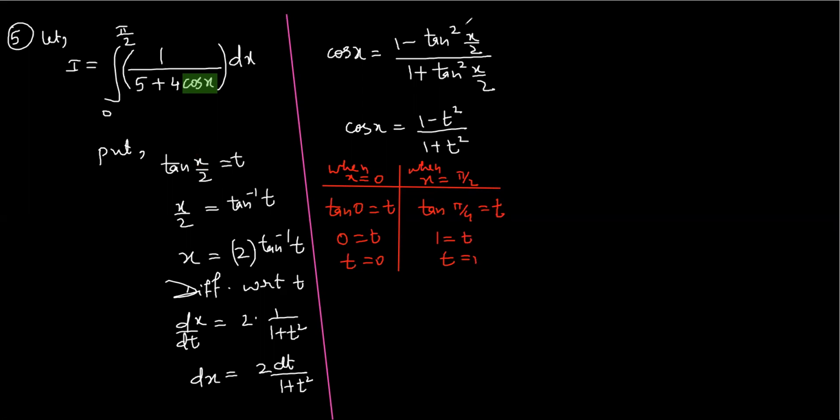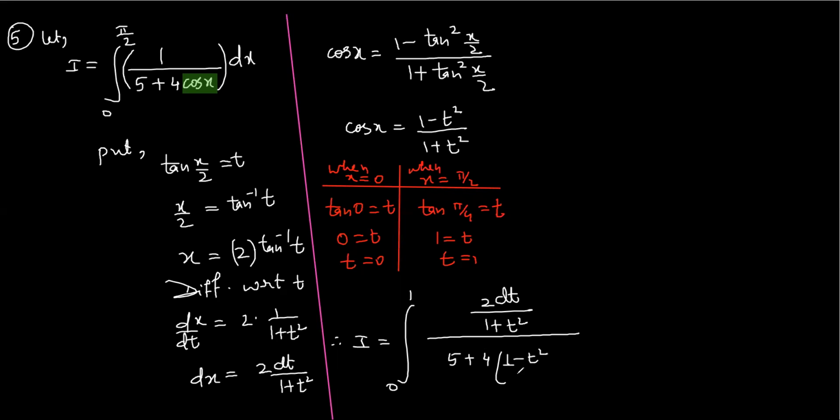So now everything is set. Therefore the integral I will be from 0 to 1, not 0 to pi by 2, and 1 dx is 2 dt upon 1 plus t square. Then here you have 5 plus 4 cos x, which is 5 plus 4 times 1 minus t square upon 1 plus t square. Now you can complete it.